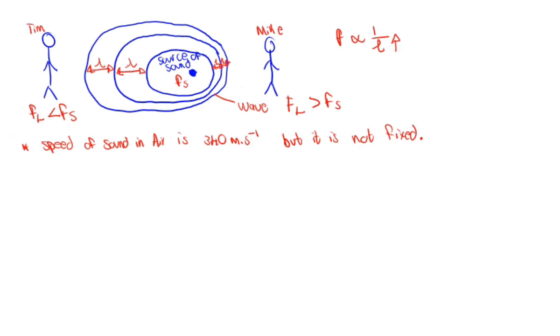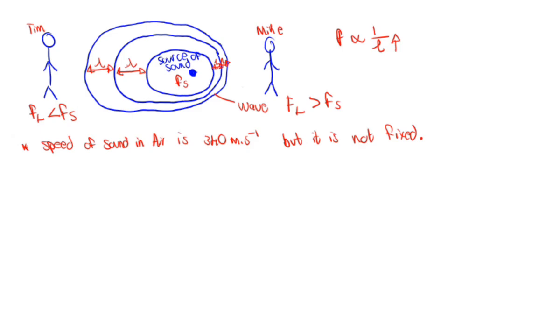But then if the examiner does not say anything about the speed of sound in air, we assume that it's 340 meters per second. But if the examiner gives us the speed of sound in air, we use the given speed, right?